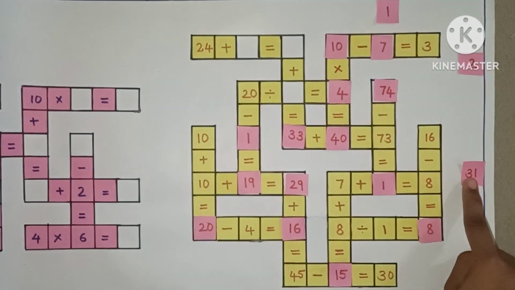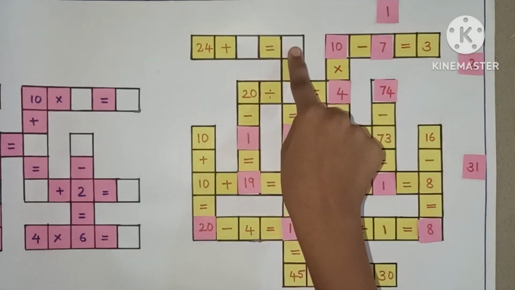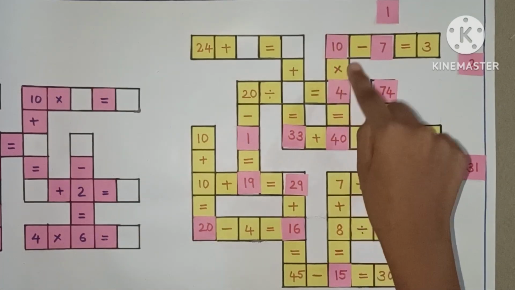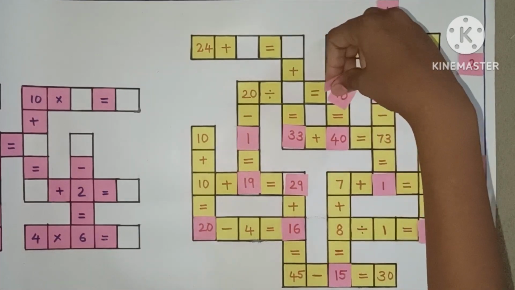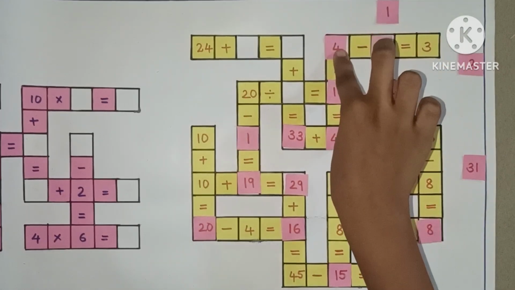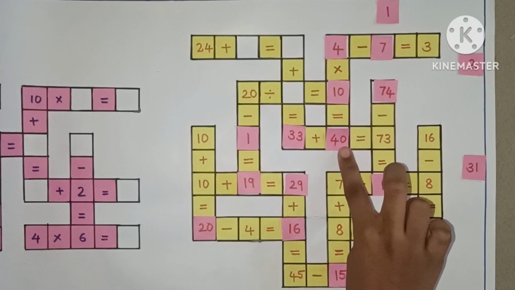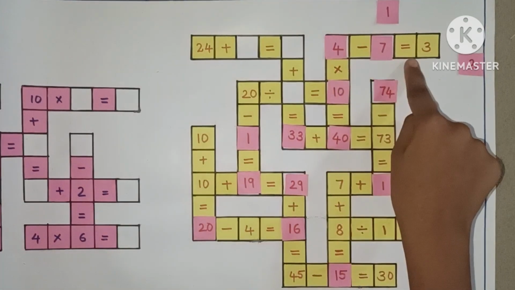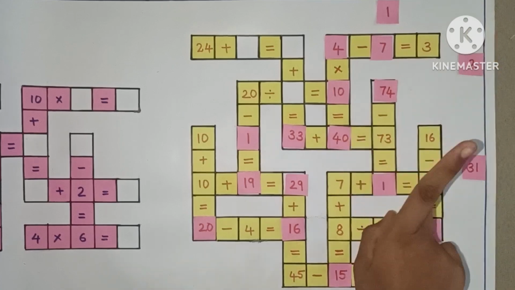No numbers are suitable for these places. So we can change these places 4 and 10. So 4 into 10 equal to 40. But 4 minus 7 equal to 3 is not correct.